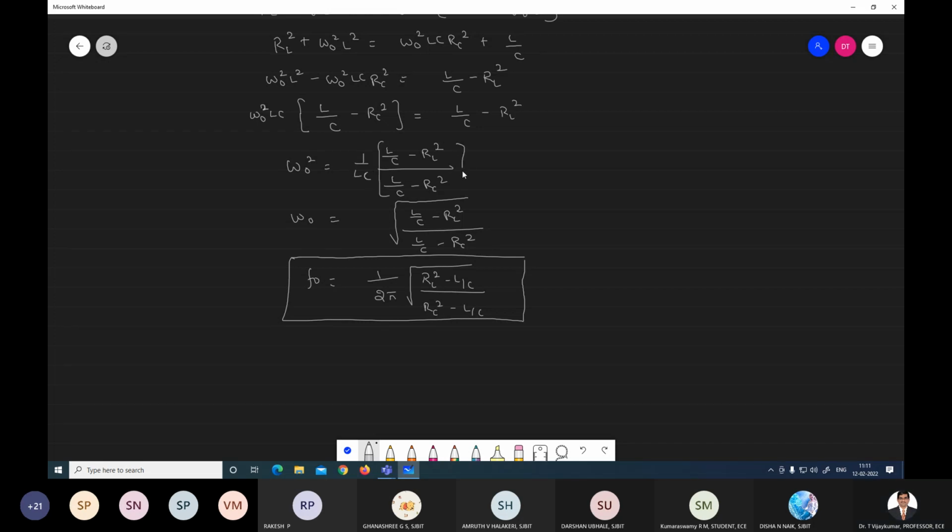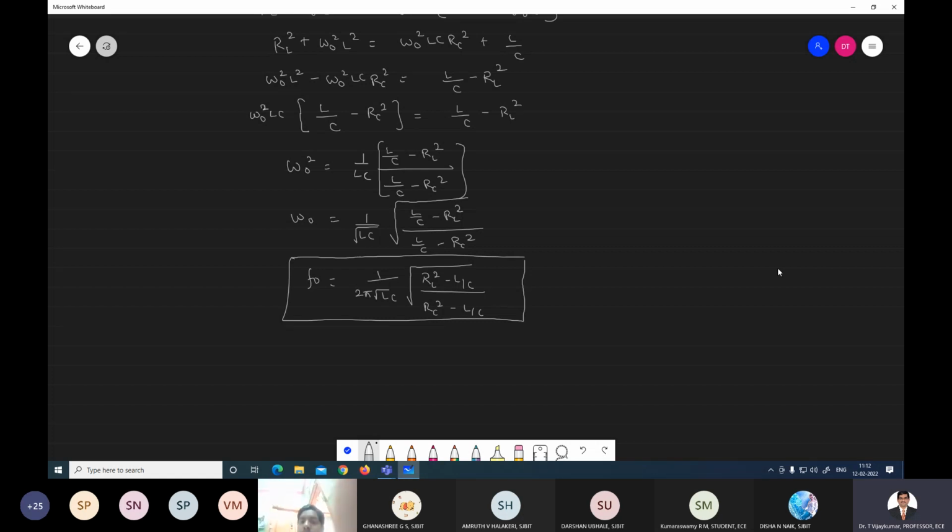So that is F naught is equal to 1 by 2 pi root LC into square root of RL square minus L by C divided by Rc square minus L by C. So this is the derivation.